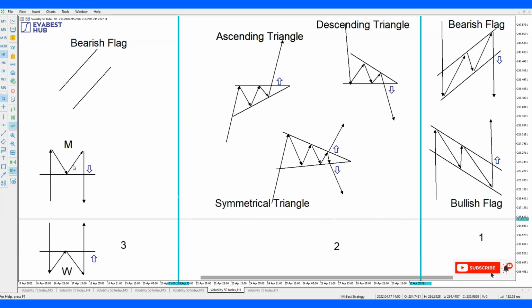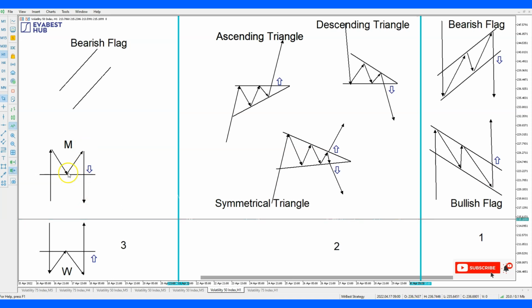And for you to trade M and W the right way, before I tell you how I like to trade M and W, let me tell you how generally people like to trade M and W. So people want to see that this M and W is an impulse move, a kind of buy move, a retracement to the upside, then it continues with another impulse move to the downside.